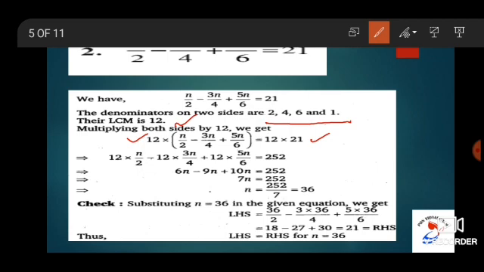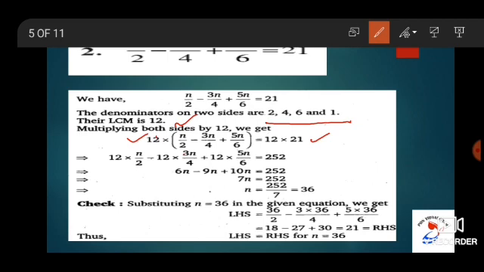On multiplying 12 on the left hand side and 12 on the right hand side, the result will be 12 into n by 2 minus 3n by 4 plus 5n by 6 is equal to 12 into 21. We are going to take 12 and multiply with each term in the bracket.